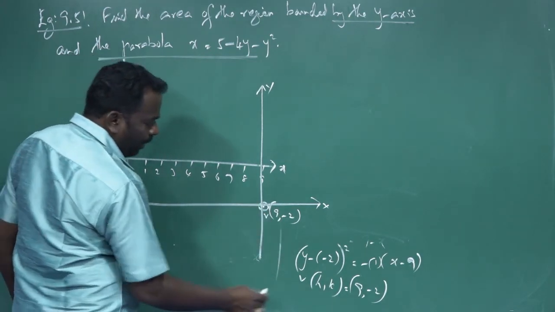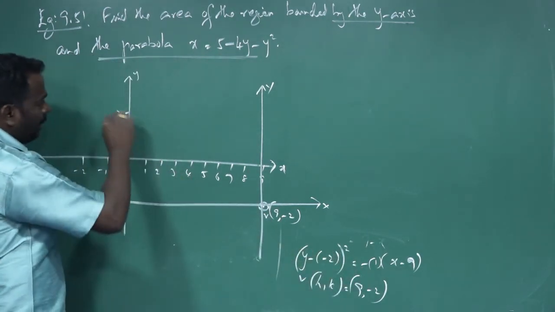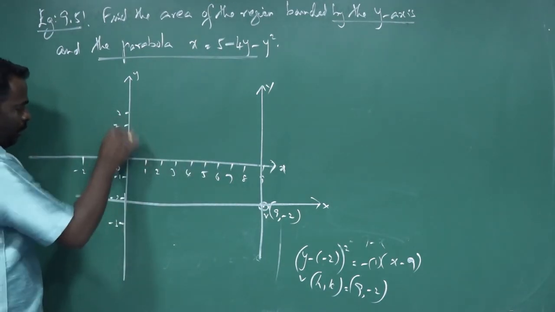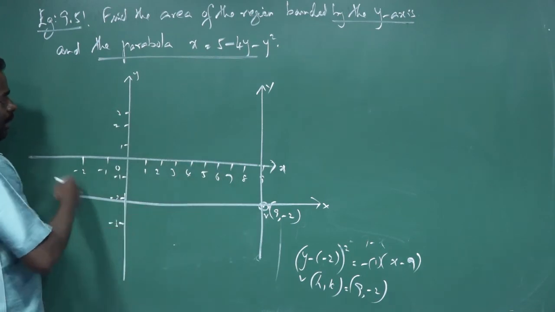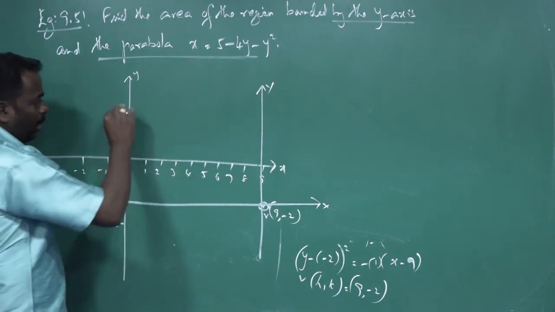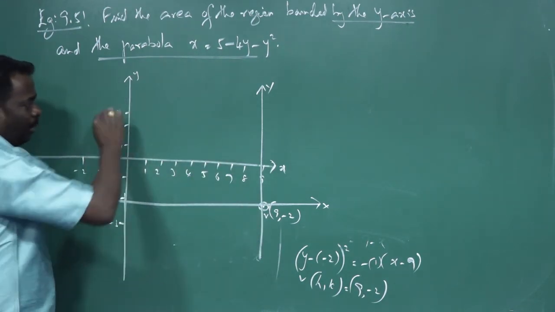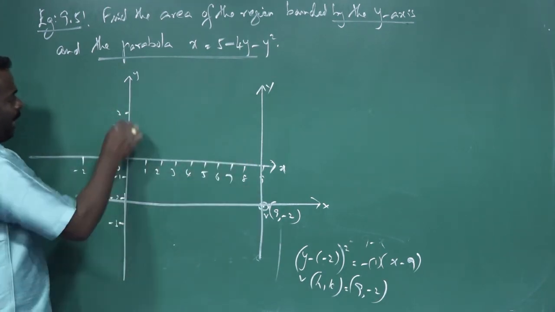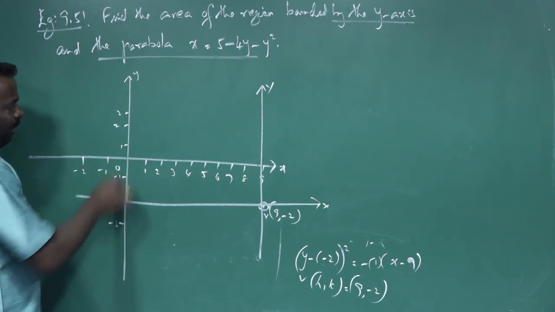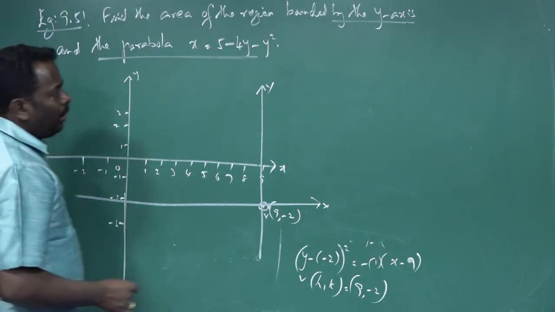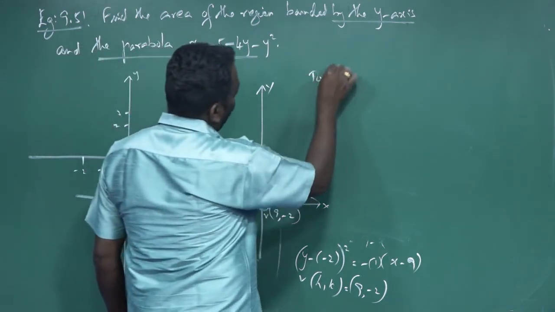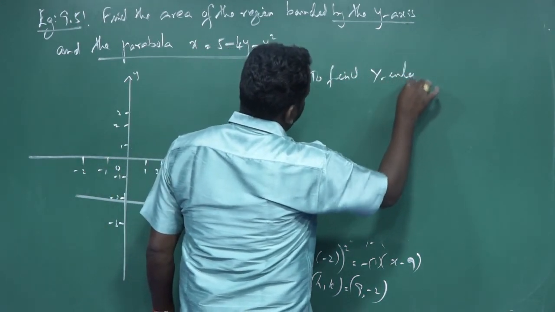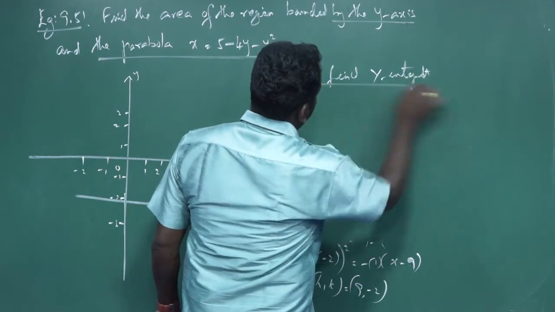Therefore this curve is an open leftward curve, and we have to find the point where the curve intersects the y-axis. The curve is a leftward open parabola, and we want to find out what point it meets the y-axis, the y-intercept. To find the y-intercept, put what?